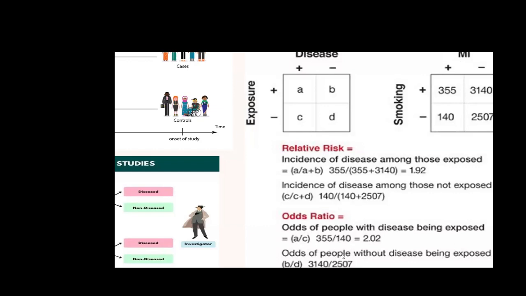So A by C, this is 355 divided by 140, and 3140 divided by 2507. The odds ratio can be calculated by cross multiplication, A times D divided by B times C. So there is a formula for calculating the odds ratio.